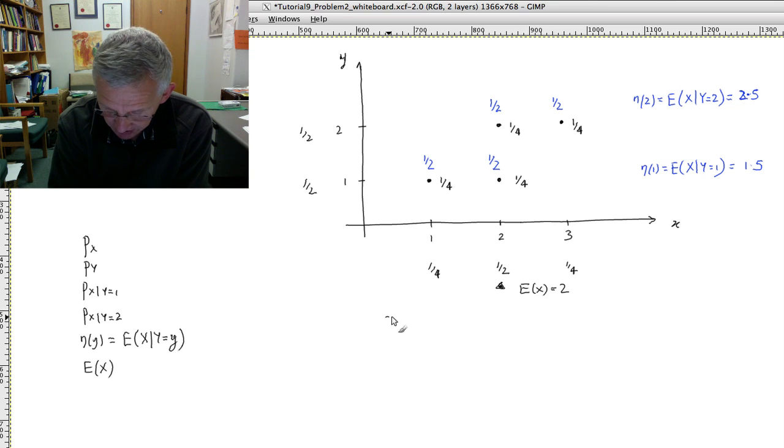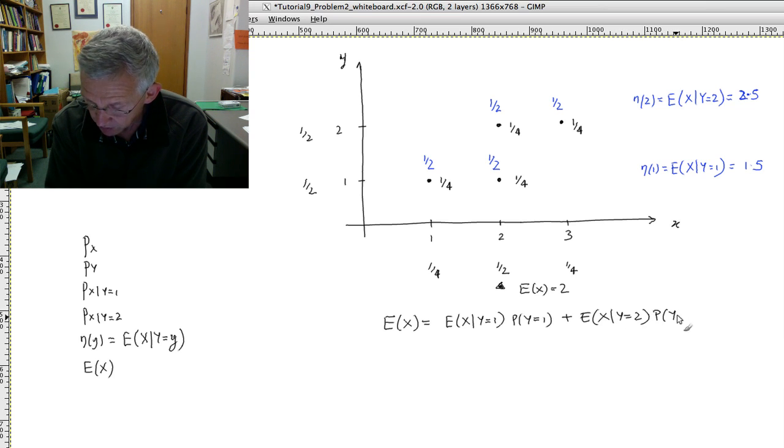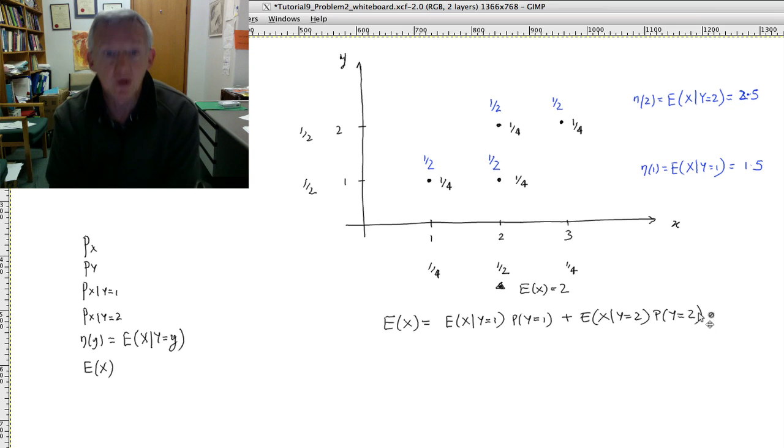So what I'm really saying is that the expected value of x can be written as the expected value of x given that y is equal to 1 times the probability that y is equal to 1, plus the expected value of x given that y is equal to 2 times the probability that y is equal to 2.